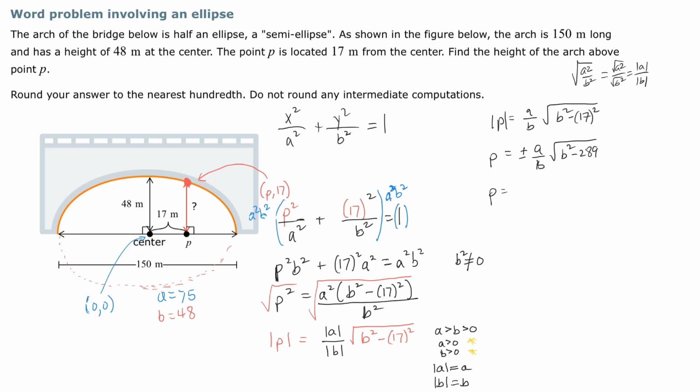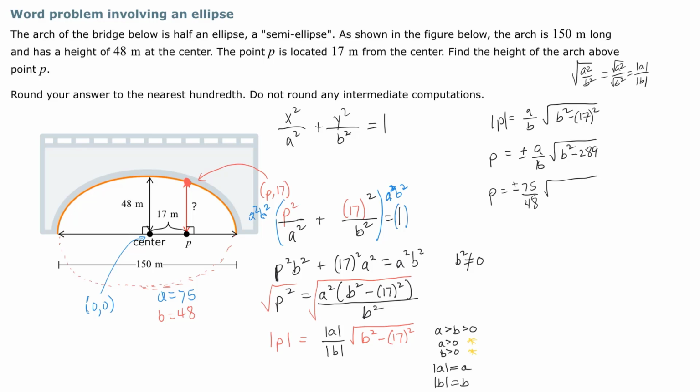We know what a is. A was 75, plus or minus. We know what b is. B is 48 times the square root of b squared. We need to know b squared.